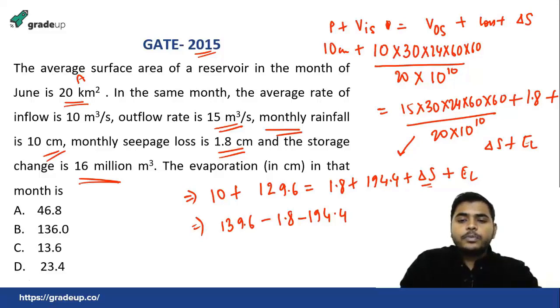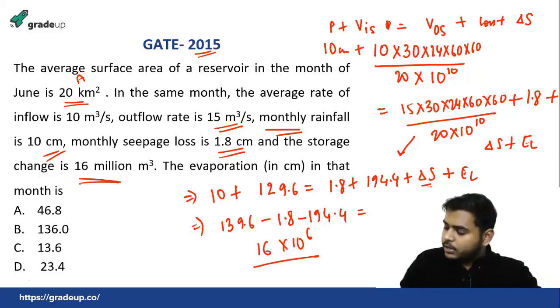So this will be delta S, it is given as 16 million meter cube. Again you have to convert it into centimeter, that is 16 into 10 to the power 6, this is in meter cube, divided by 20 into 10 to the power 6.